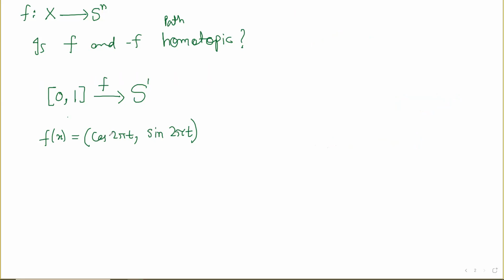So 0 and 1 are going to the same point. Then you are just asking if the homotopy always fixes 0 and 1, right? And then the answer is no. For this f, the answer is no. And the proof of that is not trivial. Let's see how we can prove that.